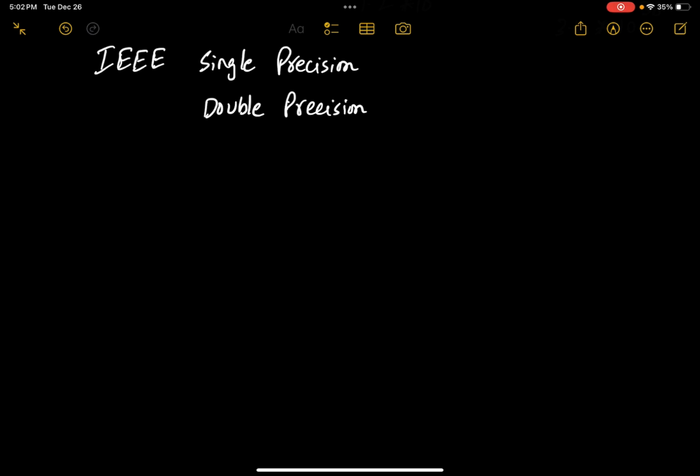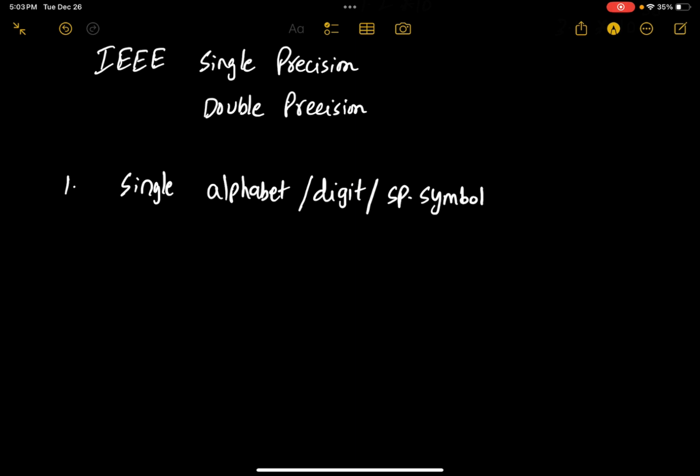So a character constant is a single alphabet, digit, or a special symbol enclosed within a pair of single quotes or single inverted commas, however you prefer it.